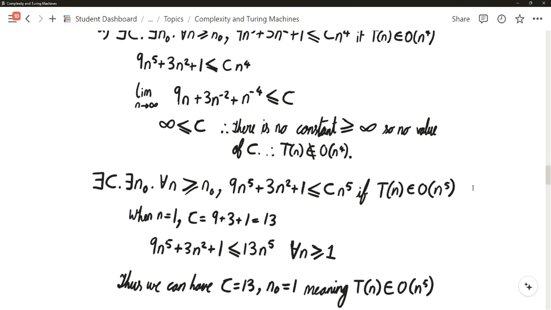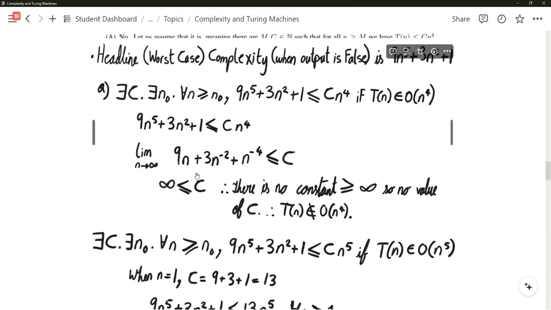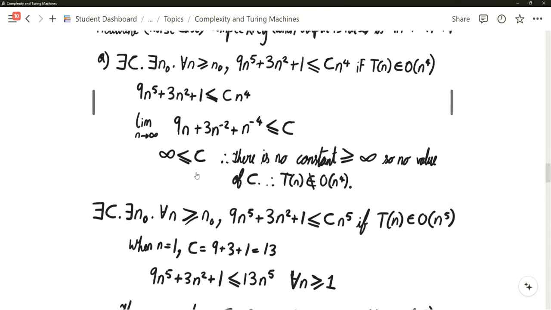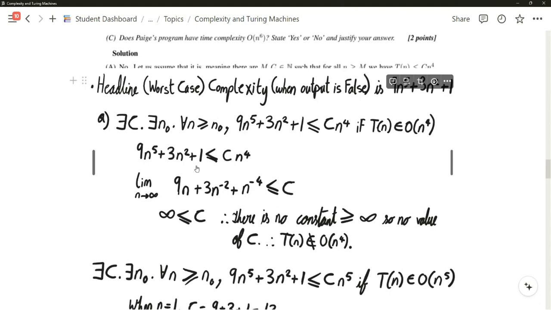Can you use reasoning that both functions are increasing and that one overtakes the other? I think that's basically what we're showing here with this infinity one. We're basically saying that you can't have a large value of n where this would work, meaning it's overtaken when it gets really big.